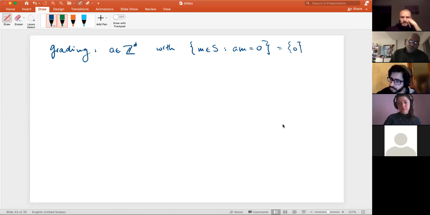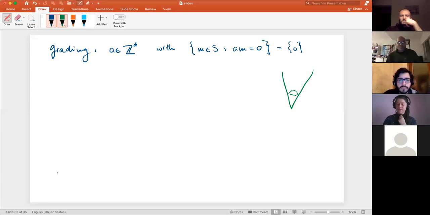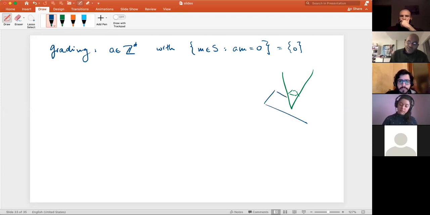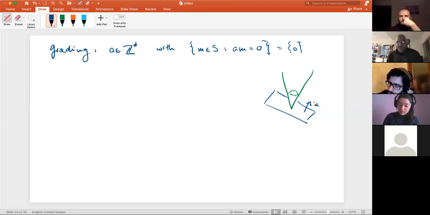So in my favorite applications of this, you have the homogenization of some polytope, so you have some cone, and in terms of your grading, what you should think about is a hyperplane with a normal vector A. What we're saying here is I want this hyperplane to be a certificate for the vertex of the cone, the apex of the cone.